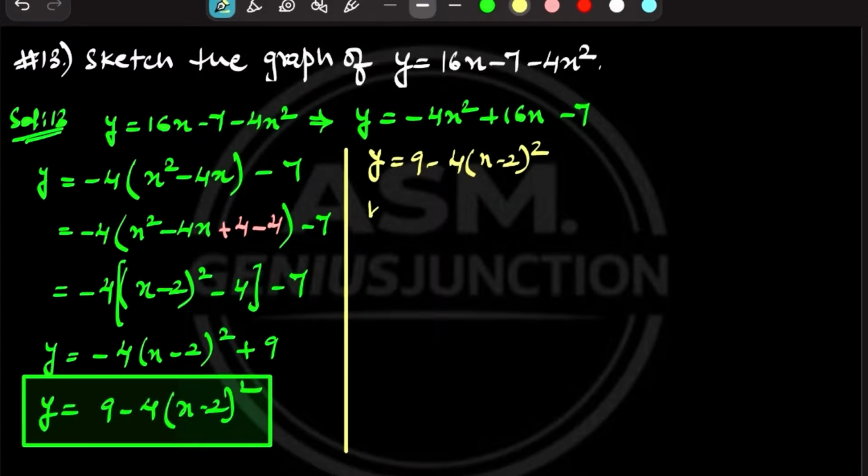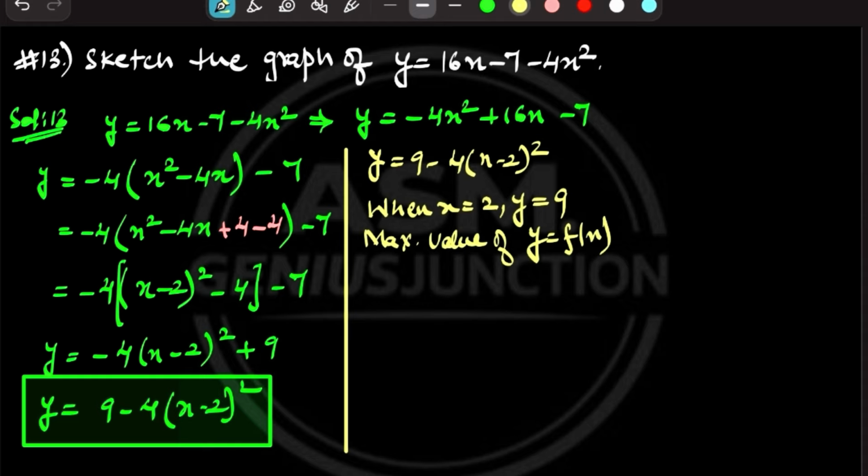So when x is 2, the complete expression becomes 0, and in that case y becomes 9, right? So the maximum value of y, that is of the function f of x, is at x is equal to 2 comma y is equal to 9. This is going to be the point of maxima for the given question, right?